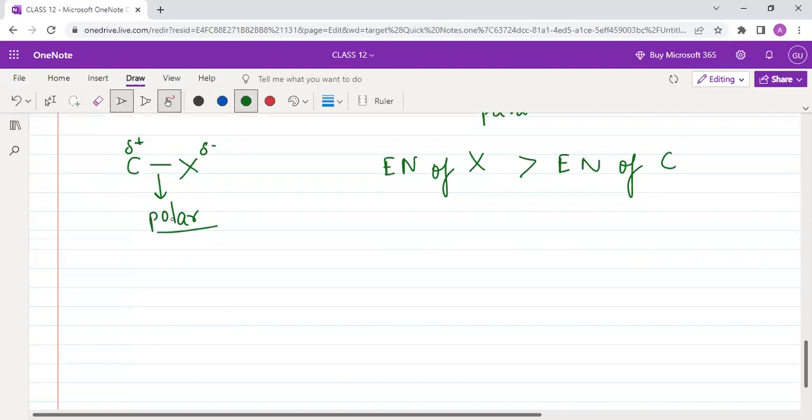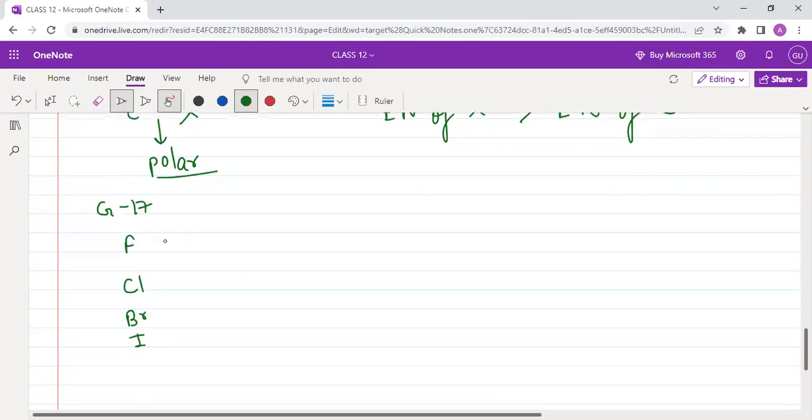In group 17, there are fluorine, chlorine, bromine, and iodine. When we go down the group, size increases. That means the fluorine atom is the smallest and iodine is the largest.